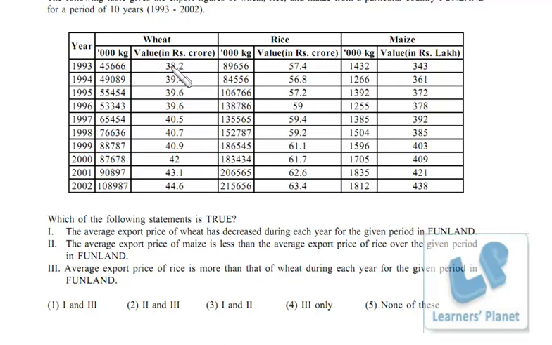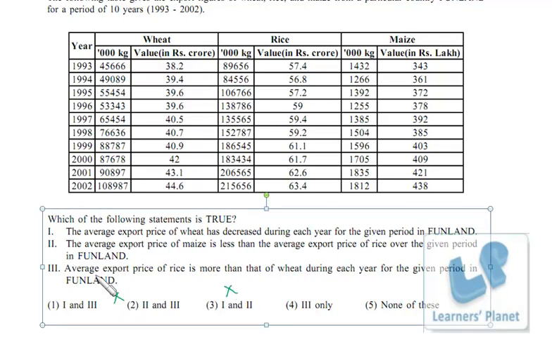So value has increased over here and quantity has increased. It can be very well observed that the statement is wrong, right? Average export price has not decreased continuously. You can see over here 39 by 55 and here 39 by 53, right? So it's not correct. So this option is gone.